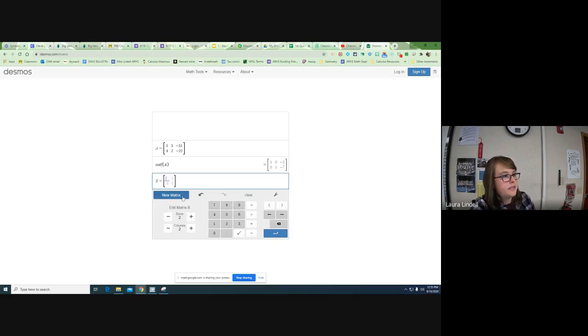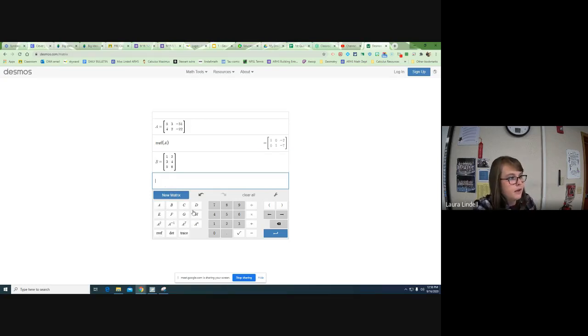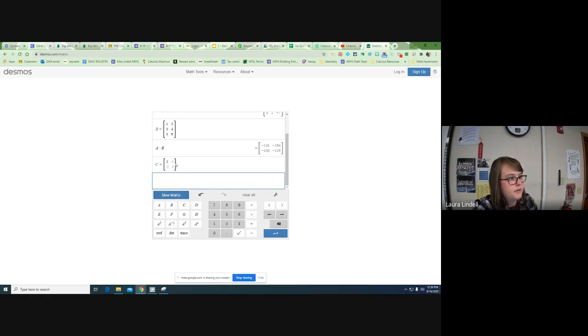Or let's say I wanted to multiply some matrices. So let's go make a new matrix. 2, 3, 4, 5, 6. Enter. And let's do A times B. And it tells you what those matrices would be multiplied. It also tells you, like, let's say I made a new matrix, 2 and a bunch of zeros.